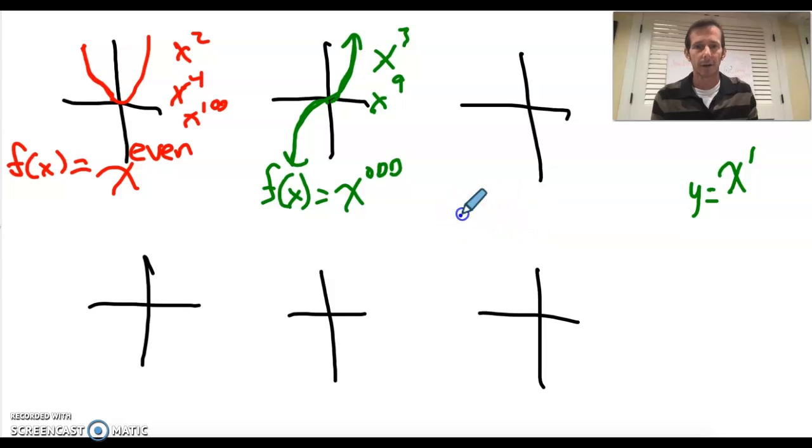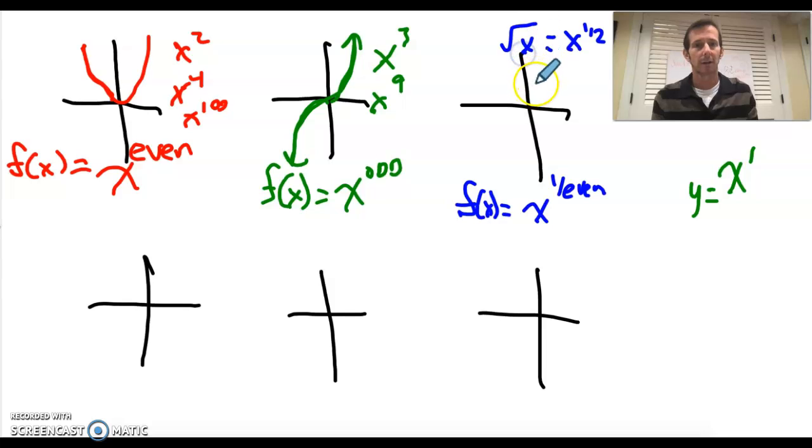Actually, I'm going to switch to a fraction up here, so like 1 over an even. If it's a fraction up here, it's one of 2 graphs. 1 over an even would be like x to the 1/2, which is the same as the square root of x, or x to the 1/4, which is the same as the 4th root of x.